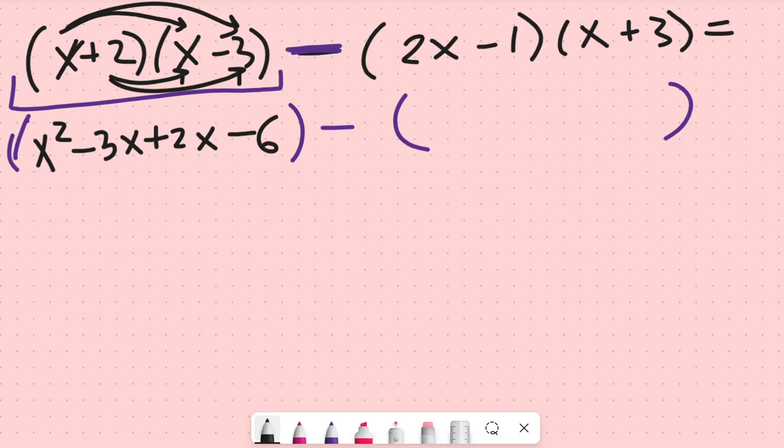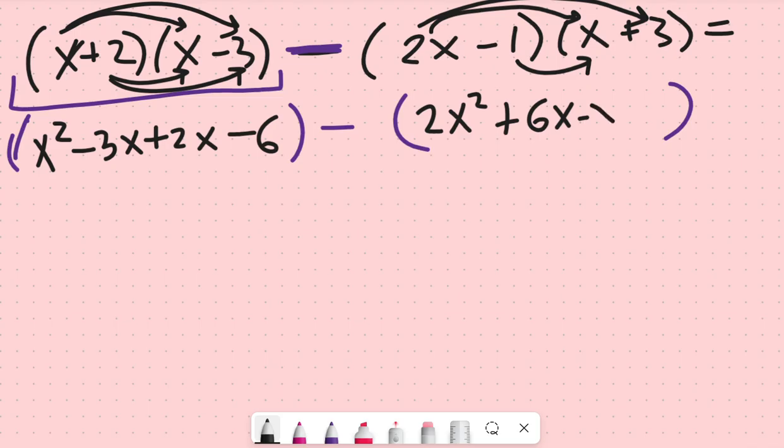Now we do the second one. 2x multiplied by x will be 2x squared. 2x multiplied by 3 will be 6x. Minus 1 by x will be minus x. Minus 1 by 3 will be minus 3.